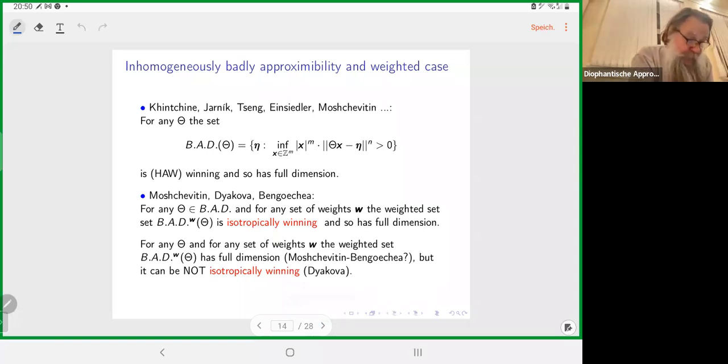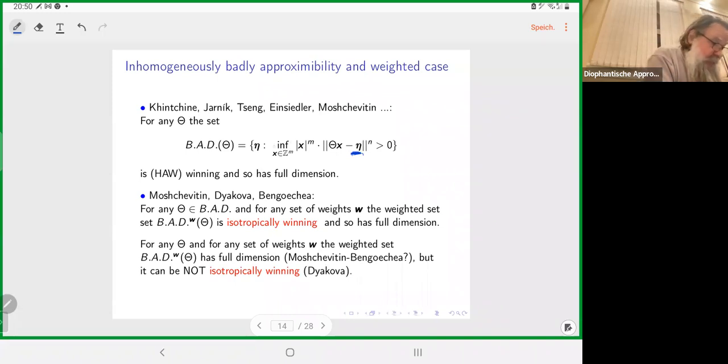Well, there are a lot of papers which deal with these inhomogeneous elements eta, which make a linear form badly approximable. One of the results is as follows.